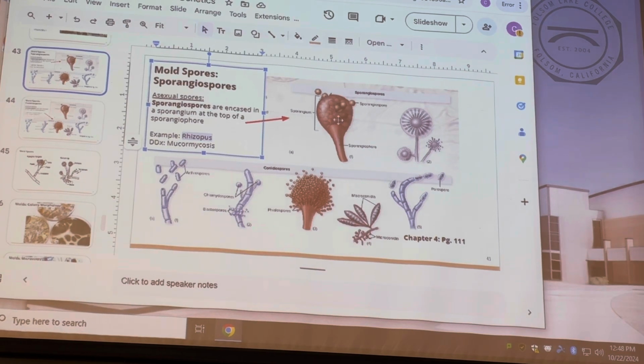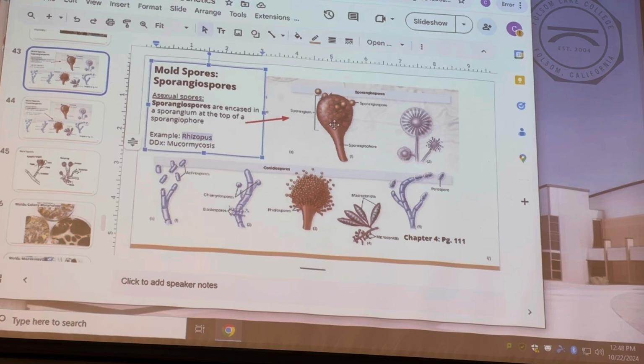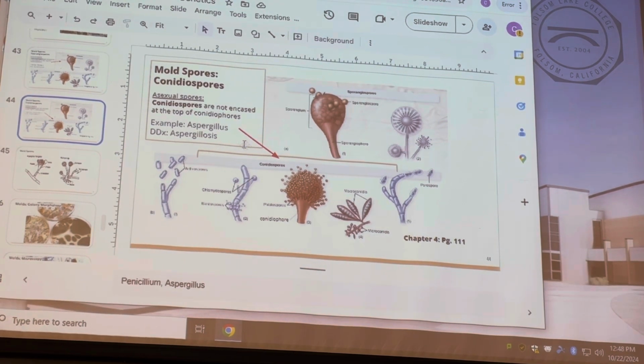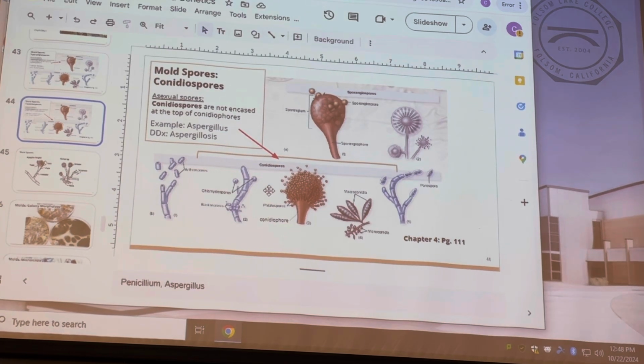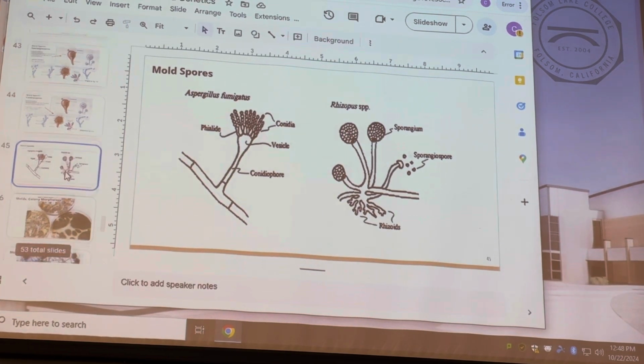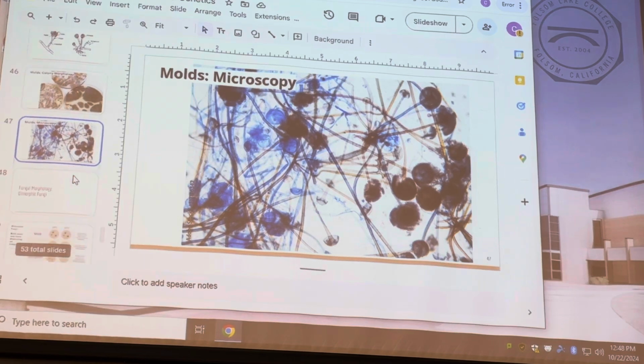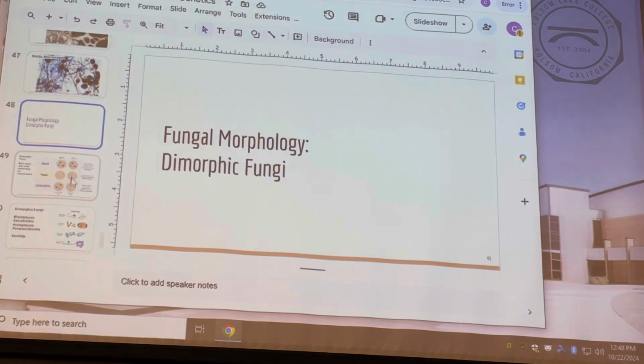That's characteristic of one of our pathogenic fungi that have sporangiospores. And then conidiospores are Aspergillus or Penicillium, our two main ones that we worry about. So here's what they look like on a plate. They look fuzzy. Here's under a microscope. They look like spaghetti and meatballs.